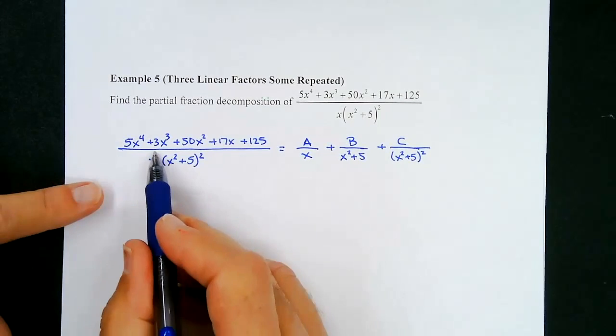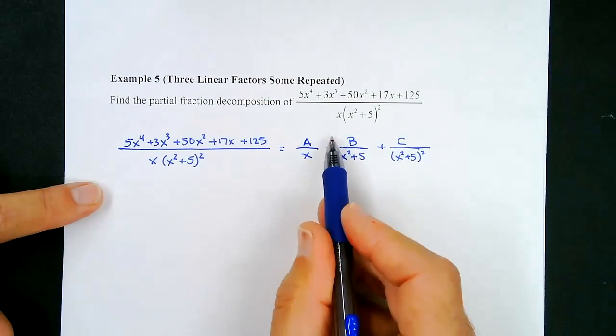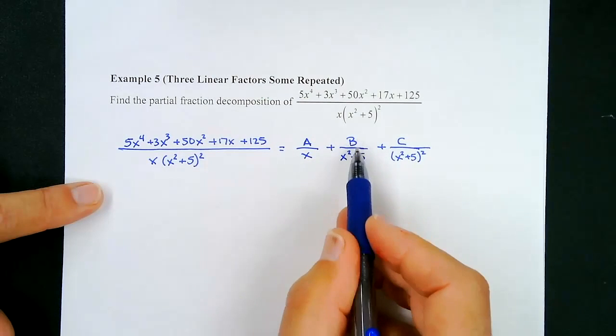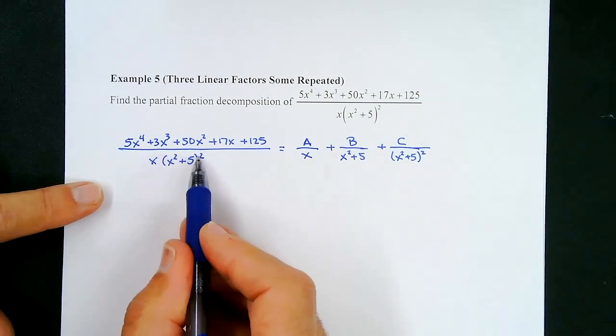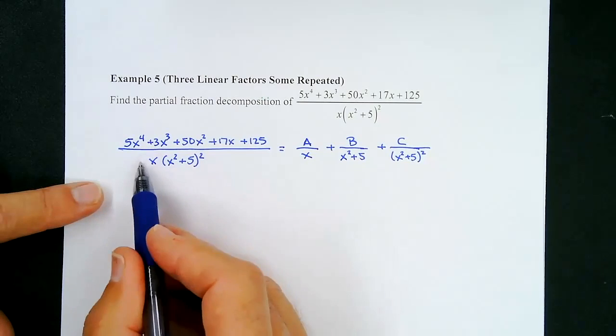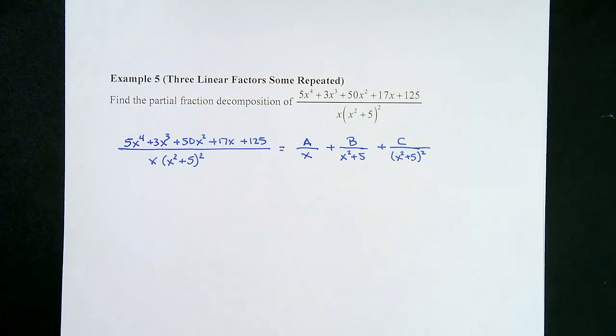If this happened to be an x squared, we would also have A over x plus B over x squared plus C over x squared plus 5 plus D over (x squared plus 5) squared. So if this was squared and this was squared, we'd have a repeated factor here and a repeated factor here. Just a little trickier. Okay, and I'm just showing you this just in case you ever need it.